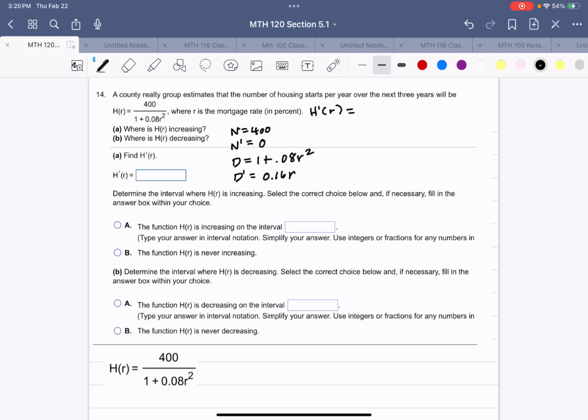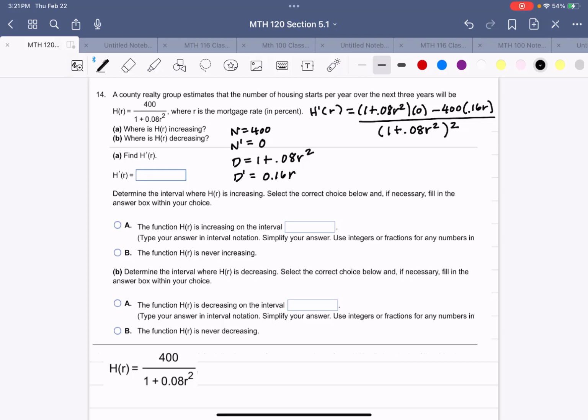So my derivative is the denominator, 1 plus 0.08 r squared, times the derivative of the numerator, 0, minus the numerator times the derivative of the denominator, 0.16 r. All of that has to go over the original denominator raised to the second power.